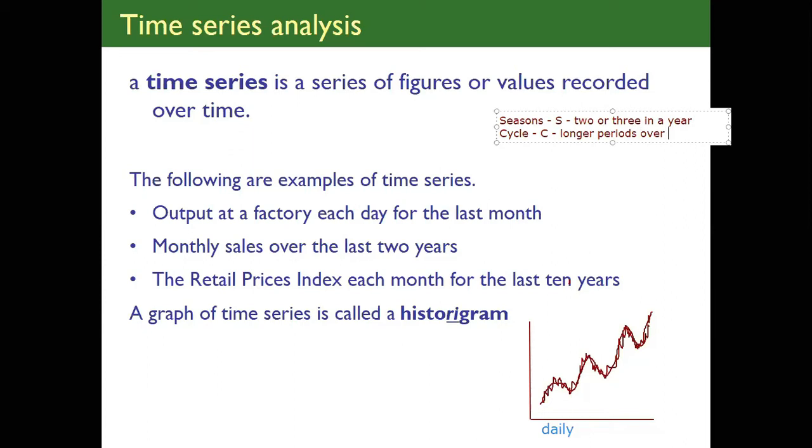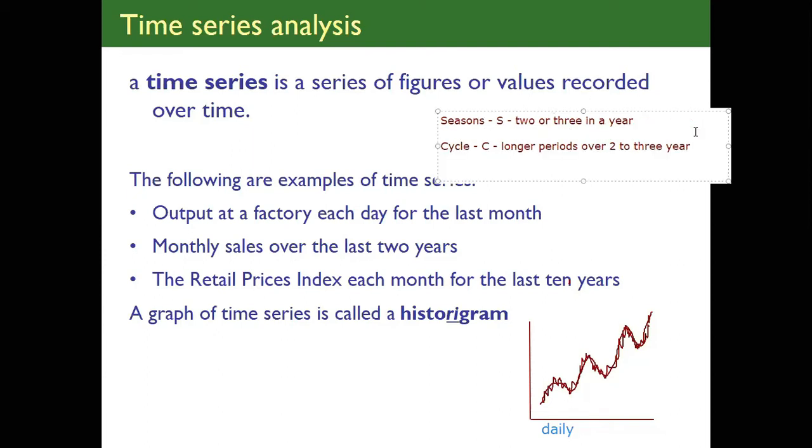There are some products, some items, which naturally go up and go down in cycles of 2 or 3 years. That could be because of some depression in the economy, or a boom in the economy. People's tastes change, their consumption patterns change. So cycles are rather longer period movements.